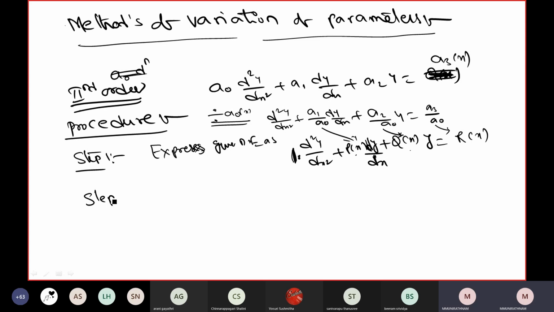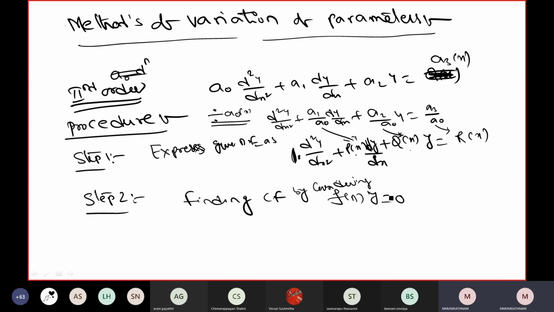Next, step 2: finding CF. We have to find the CF by considering the homogeneous part, by considering f of d into y equal to 0. So we find the CF.